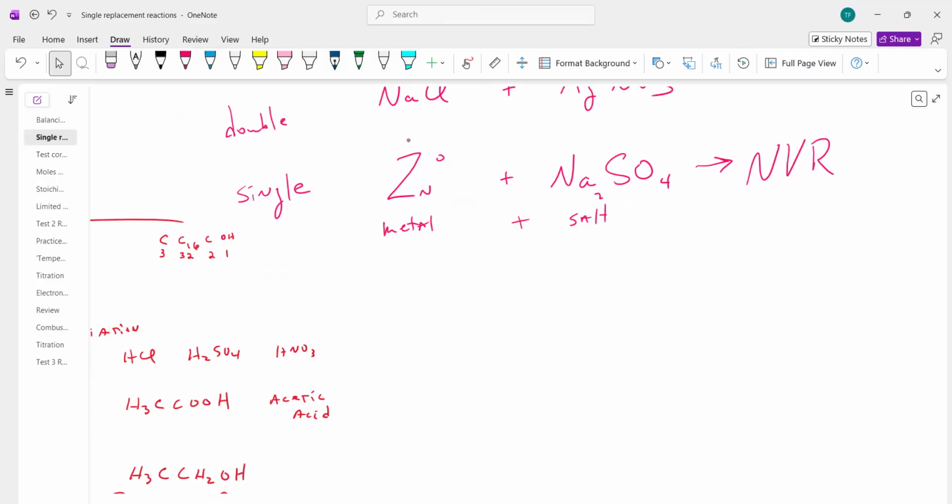Okay, so let's do another couple examples of single replacement here. Let's stick with zinc. And let's add in need a salt here.